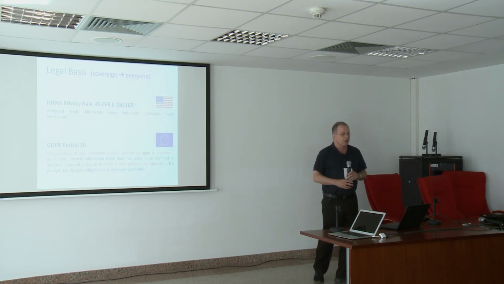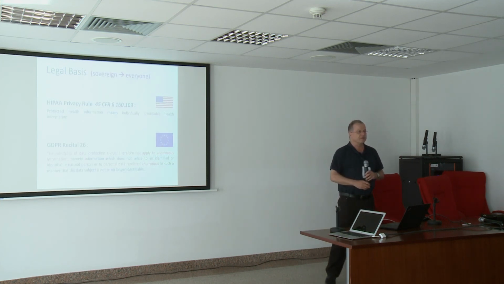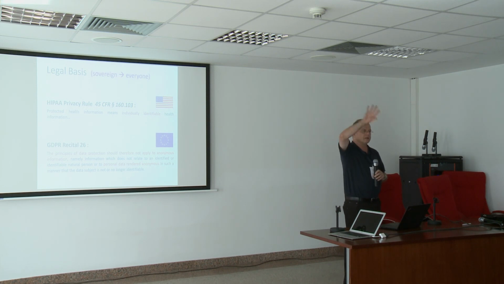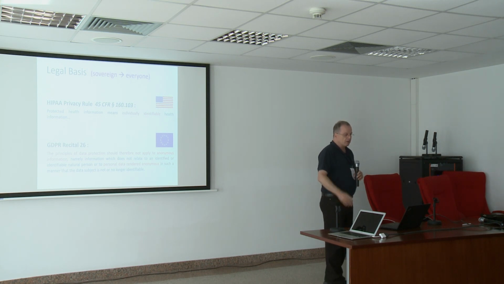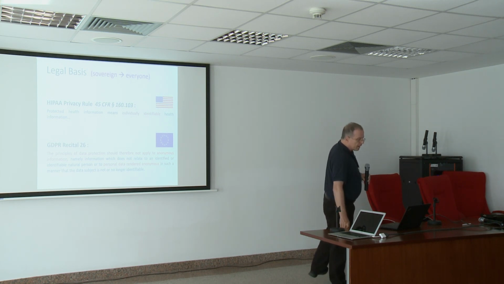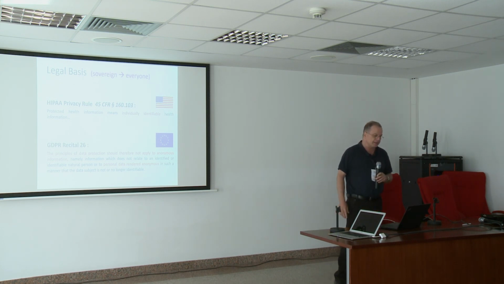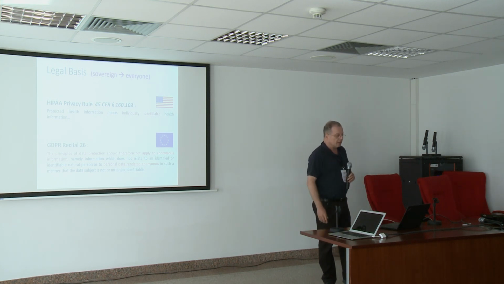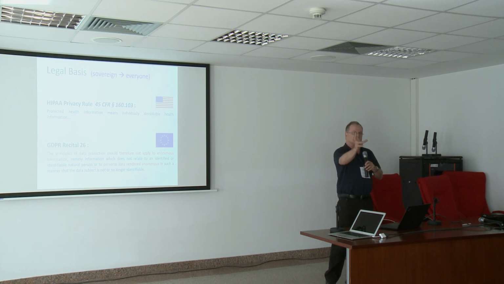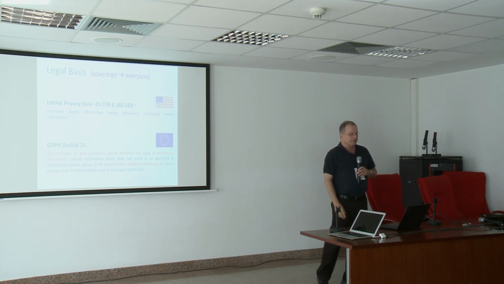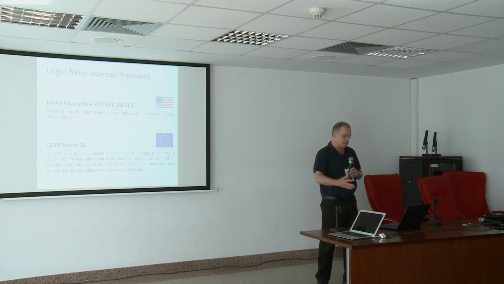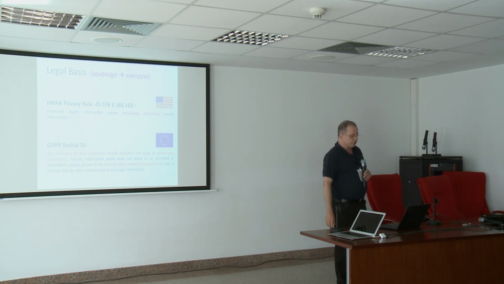This is also in law. Law is different from ethics because law comes from the sovereign, whoever this sovereign is, and applies to everyone. If we go to the United States, the applicable law is called HIPAA, for Health Insurance Portability and Accountability Act. In this huge old phone book of a law, there is something called the privacy rule, which is the fundamental US law on privacy.